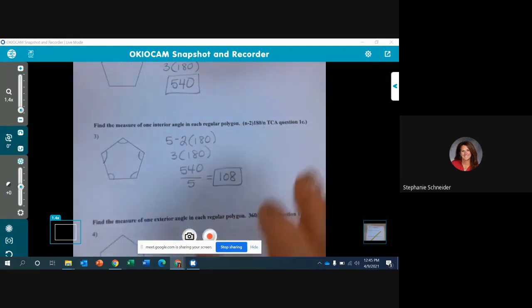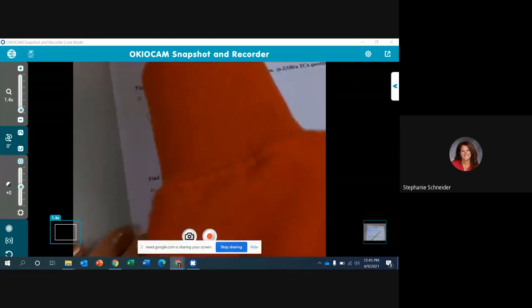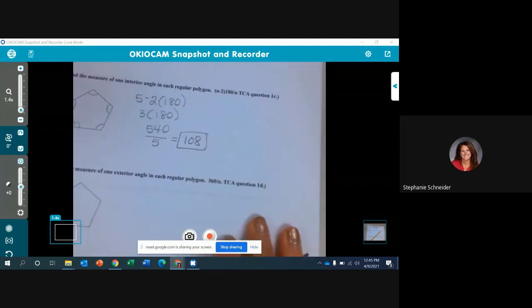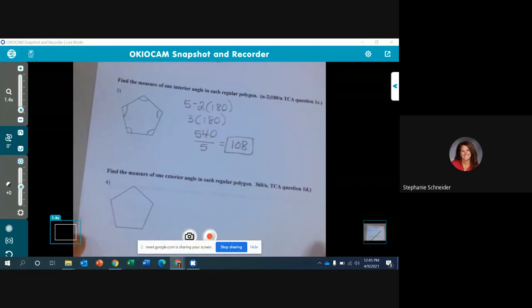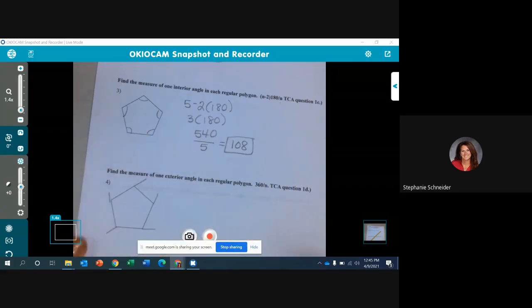All right, moving on to number 4. Number 4 says find the measure. Sorry, I'm having a little problem setting this up. Okay, find the measure of one exterior angle in each of the regular polygons. Well, if you remember correctly, all of the exterior angles of a polygon equal 360.